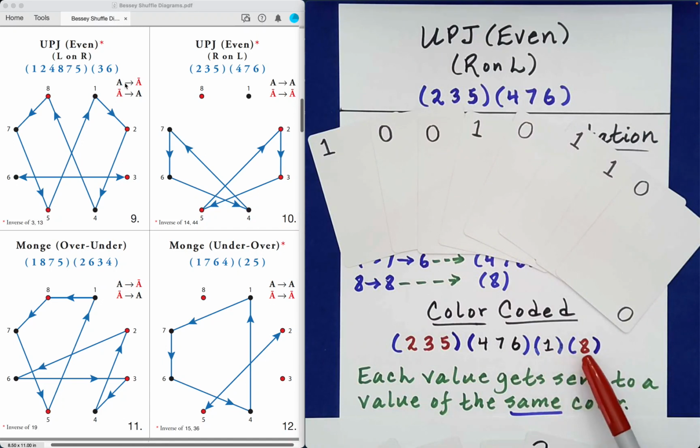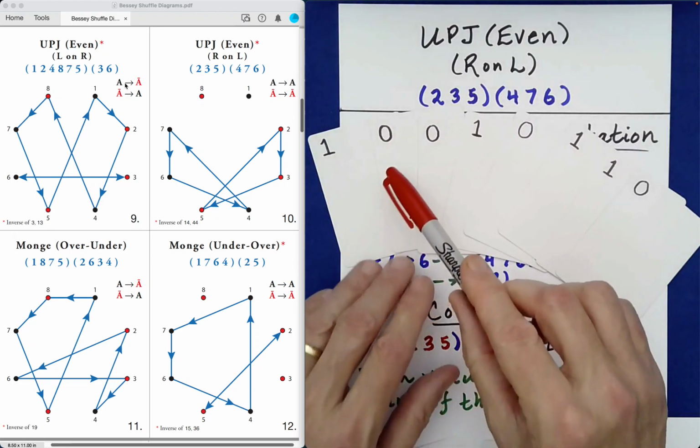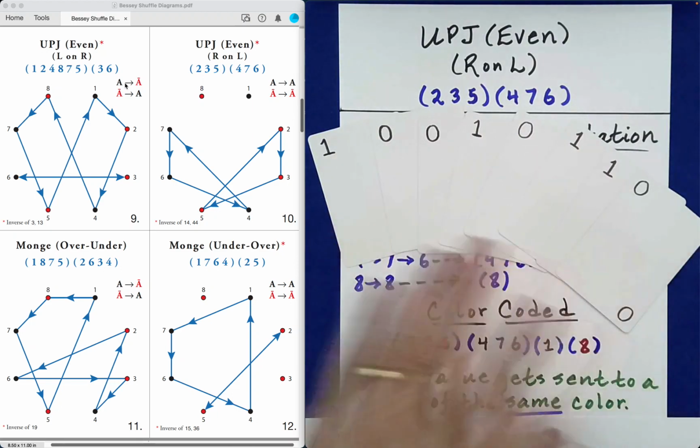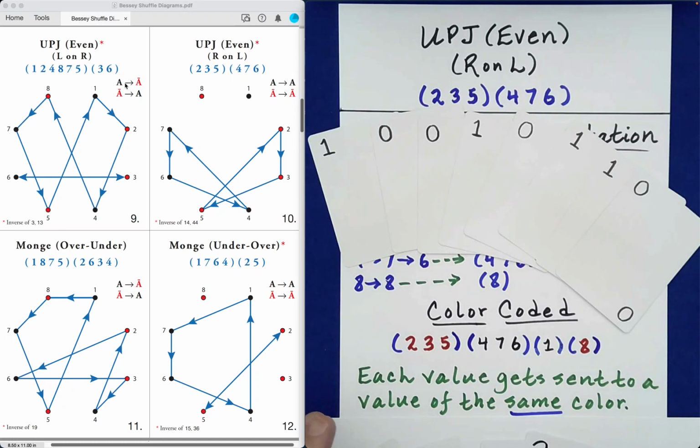Whatever's in position 8 at the beginning stays in position 8. Similarly, the zeros are being permuted among themselves with the exception that the last 0 here, which is in the 8th position, stays exactly where it is, or in other words, gets returned to its original location.